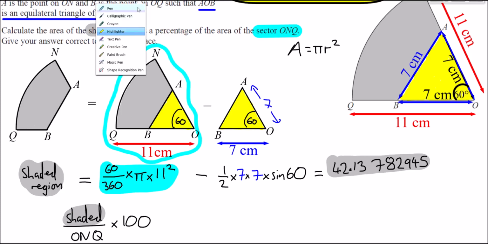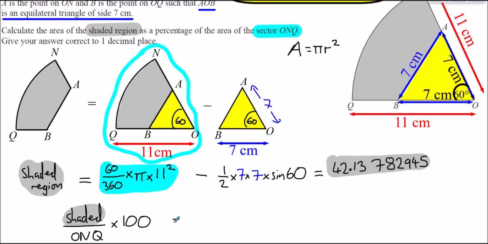So the shaded area, we can work out, well, we have worked it out in fact. So this shaded area is 42.13782945, and the sector ONQ is this formula here, which if we want to, we can just work this out.